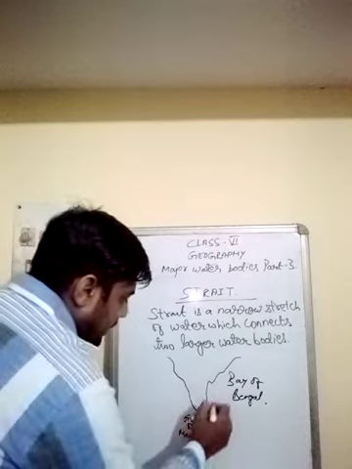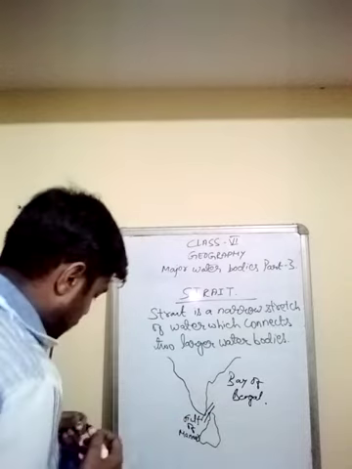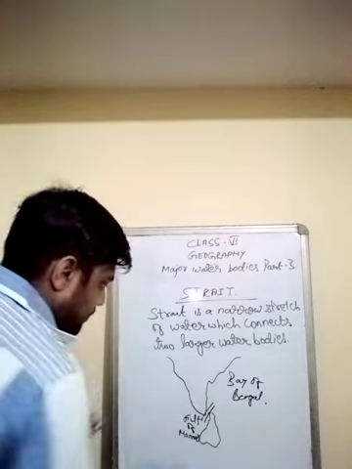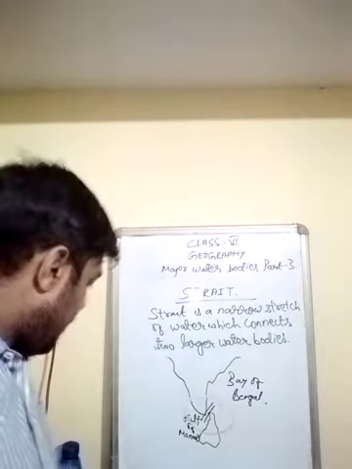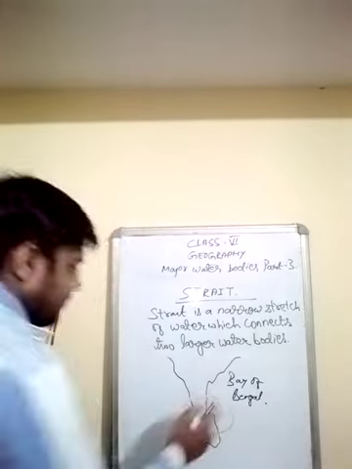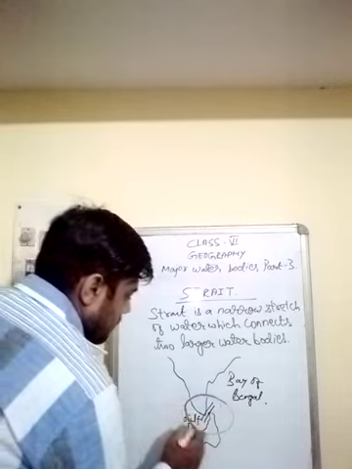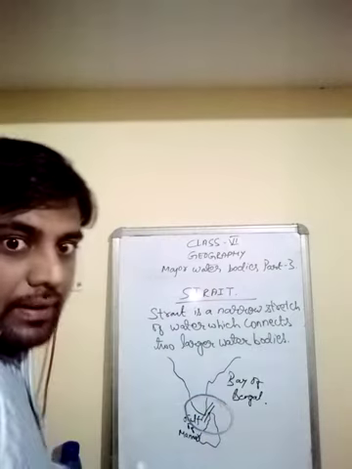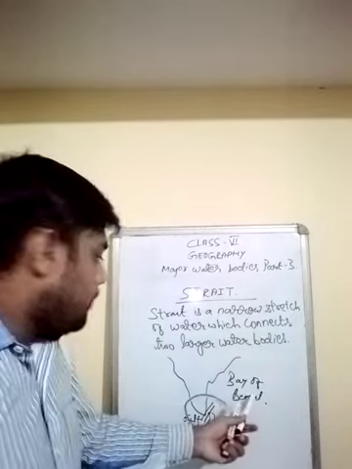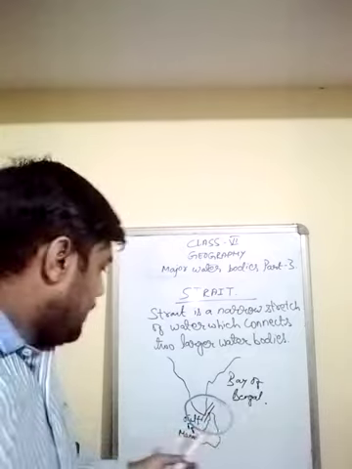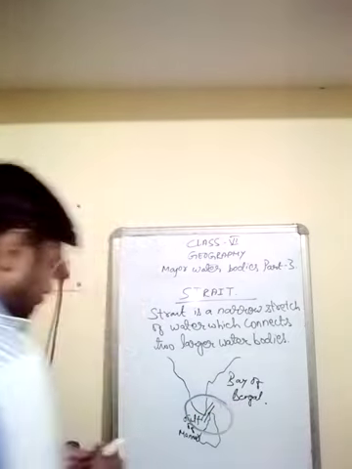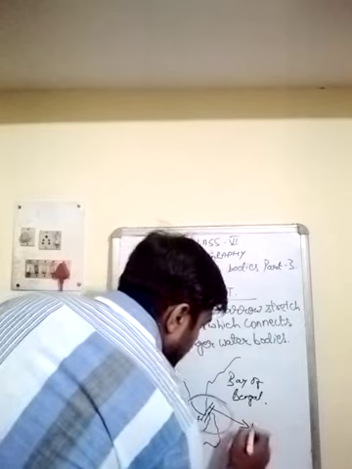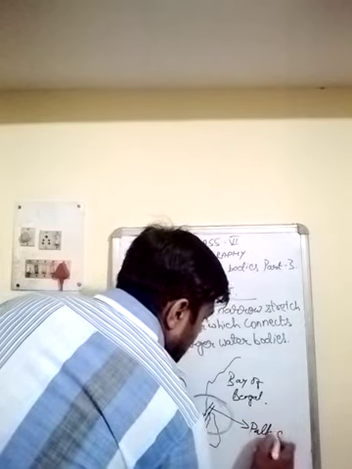So you see right here there is a narrow stretch of water connecting Gulf of Mannar with Bay of Bengal. And this particular narrow stretch of water is what is known as Palk Strait.